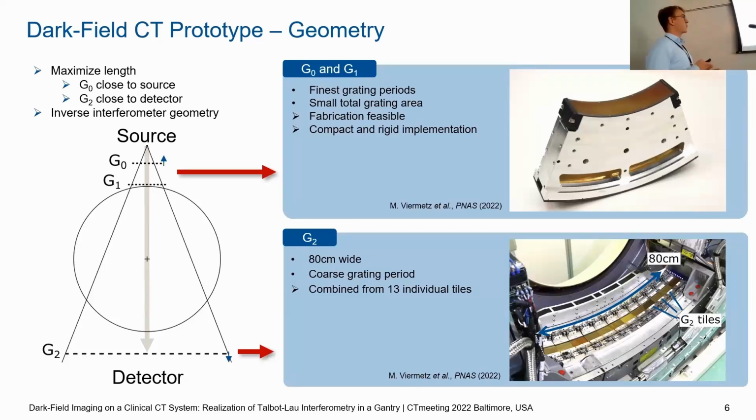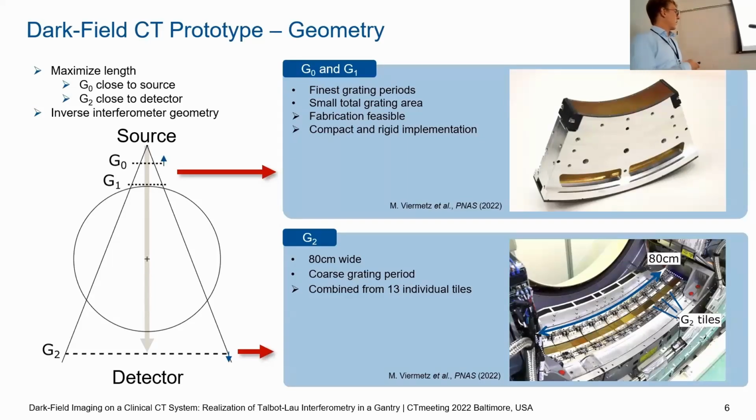Another positive aspect is that we were able to develop a very compact and rigid implementation for the first 2 gratings, which is important because for these fine grating periods, if these gratings are not rigidly mounted, stability issues can arise. This way we were able to solve this problem already very early in the design process.